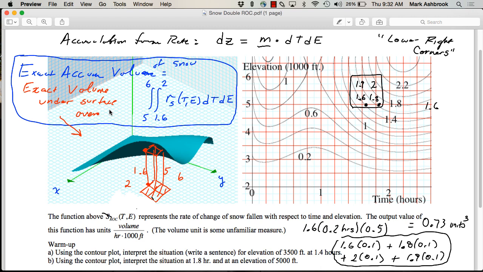Under surface over R. Now what happens if your surface goes to negative z's? Then what will a double integral give you? Will it give you volume, for any place in your region where z is dipping underneath the xy plane?